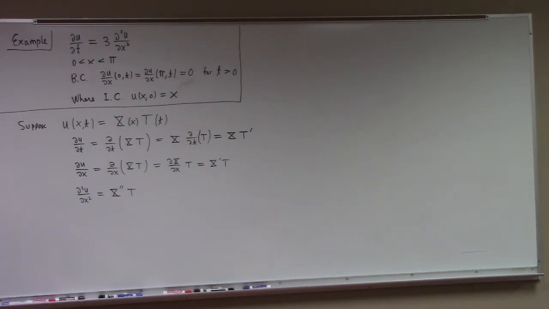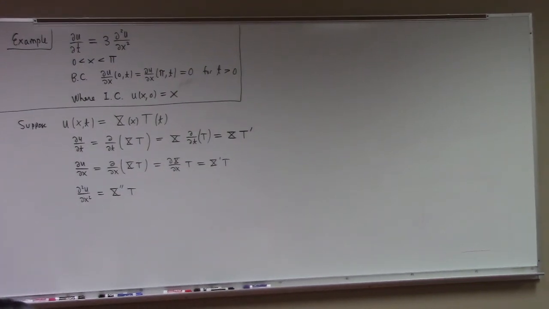Now you might wonder, why on earth would you suppose a solution can be written as a product of solutions of one variable? And that's a reasonable question. And there are various answers that can be given to that. For the wave equation, there's an easier answer to give. For wave equations, we can look at waves on a string, right?